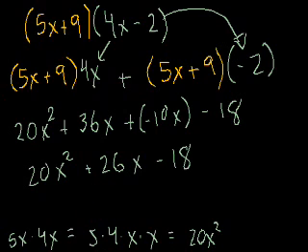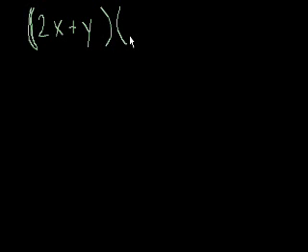Let's do another problem. Let's do 2x plus y, whoops, it's a parentheses, I'll stay in one color now because I think you understand what we're doing, times 3x plus 2y. Well, once again, we could do it in a little different order, but we could distribute it like this.